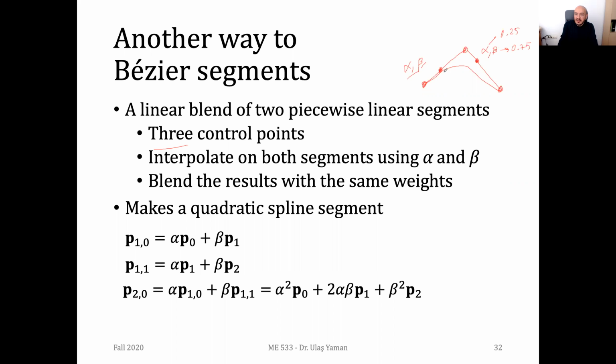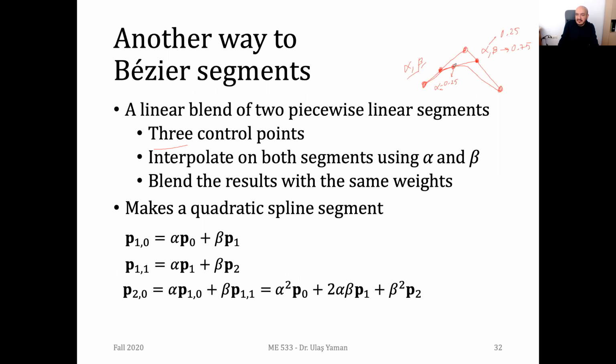And then we draw another line between these new points. And then in the last step, we are going to obtain the point for the same alpha and beta values. That will be here, since alpha is again equal to 0.25.